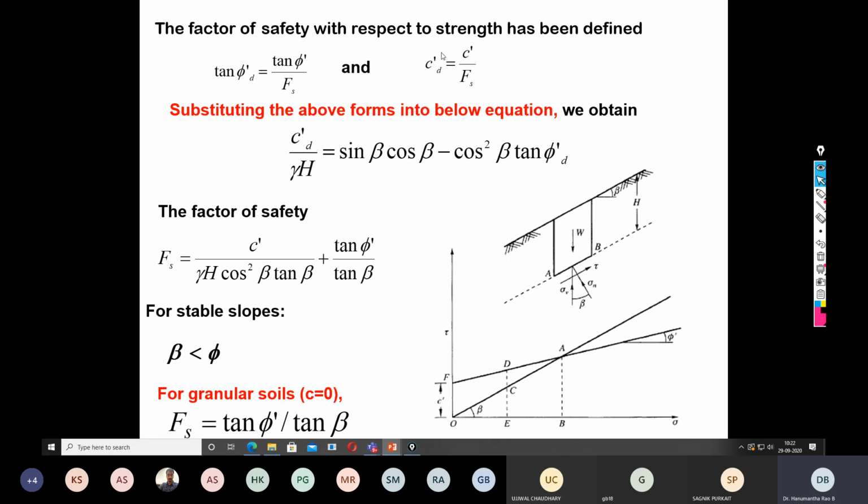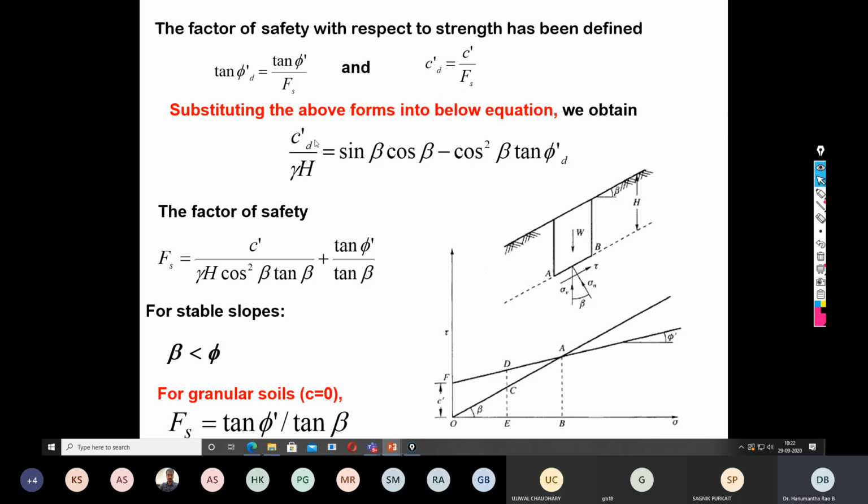So the factor of safety with respect to the strength has been defined as, if you remember earlier, with respect to the strength, tan phi dash d is equal to tan phi by factor of safety, and C dash d is C dash by factor of safety. So substituting the above into the below equation, this is simple.